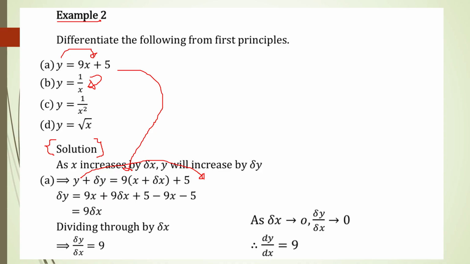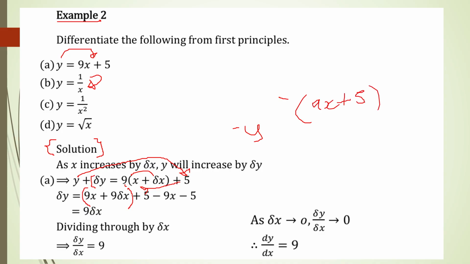Now let's simplify that. If you open up this bracket, you're going to end up with the first values, which are 9x plus 9 delta x. Then you bring also this plus 5. Now remember that to make delta y the subject, you bring y to your right hand side, so it's going to be minus y. But remember that your y is the same as 9x plus 5.